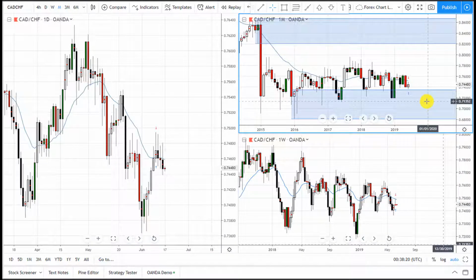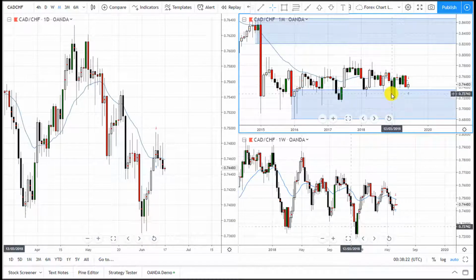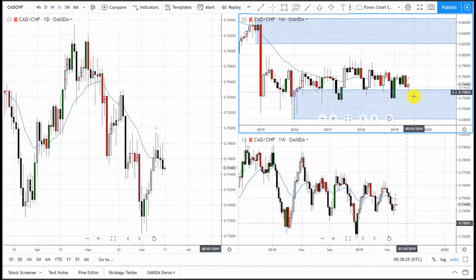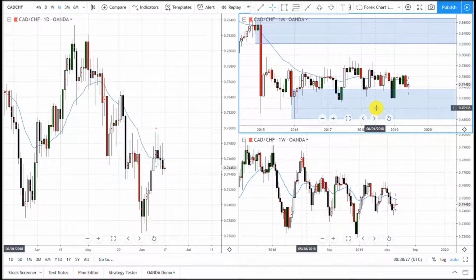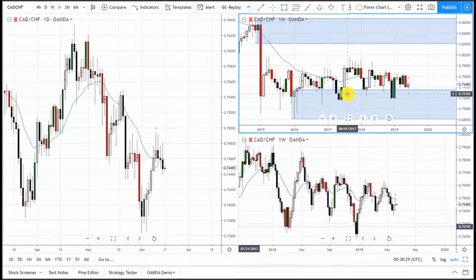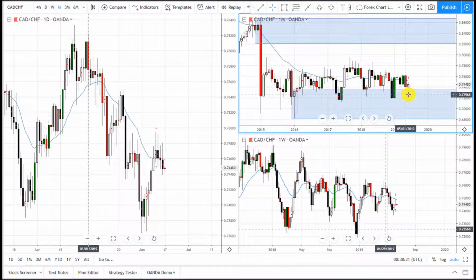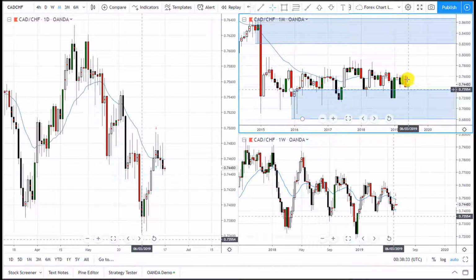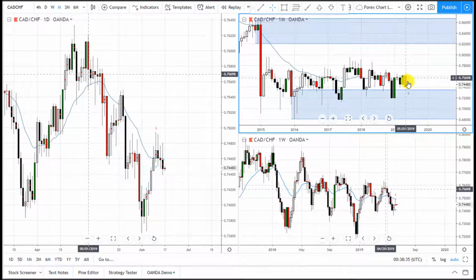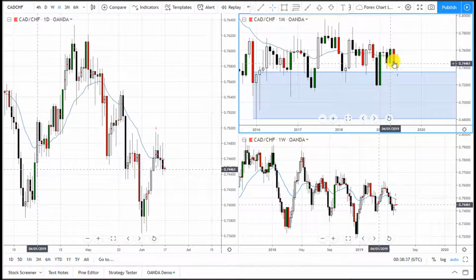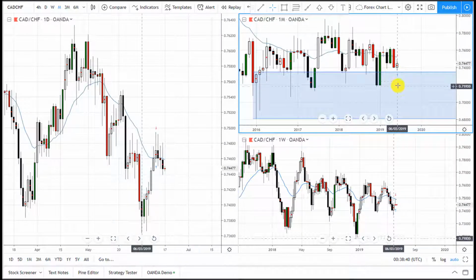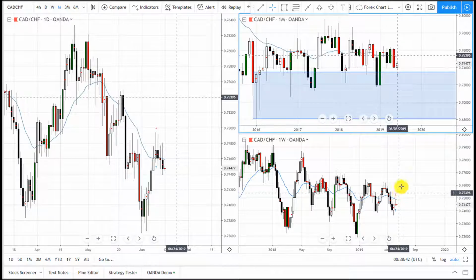Once it's tested, it's more likely to break. So we see that it's been tested multiple times. In this case, if it's a fresh demand zone, I would not short, but since it formed this bearish engulfing candle here, it looks like it's going to penetrate deeper and deeper into this zone.